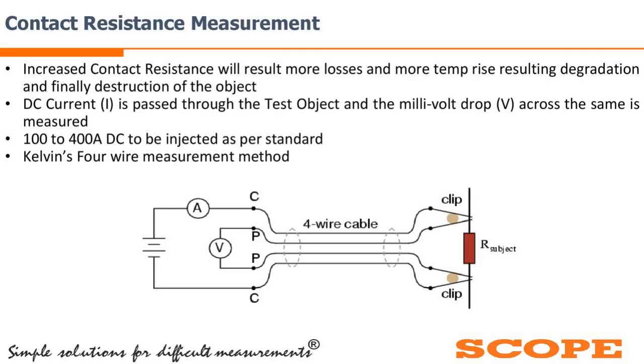The measurement method is simple: we inject a DC current through the object, and measure the millivolt drop across the circuit. As per the standard, for the CRM we need to inject 100 ampere to 400 ampere DC. The common method for the measurement is Kelvin's 4-wire method.